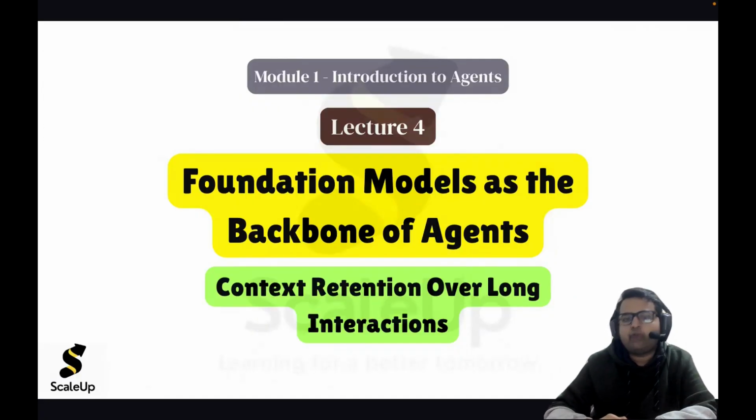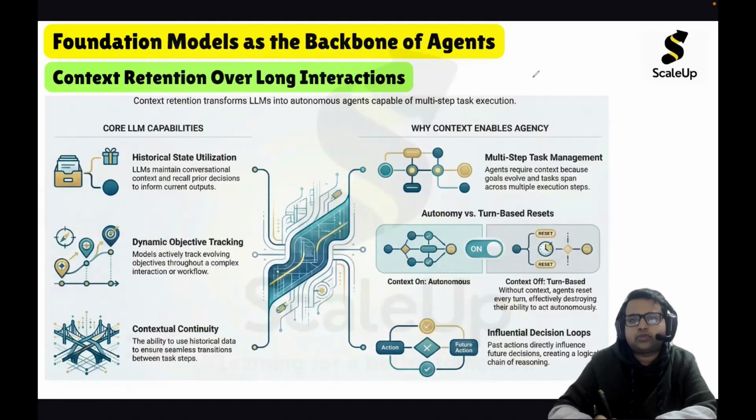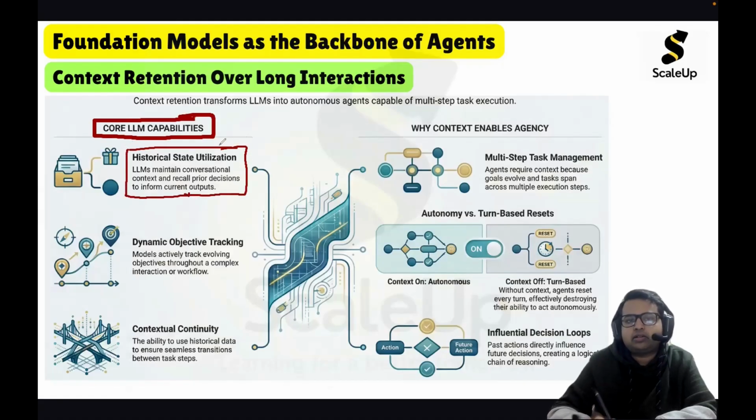Context retention over long interactions. If we talk about core LLM capabilities in terms of context retention, large language models can make use of historical state utilization. The idea is that at every step the large language model takes, its output is saved in memory. So it is stateful.